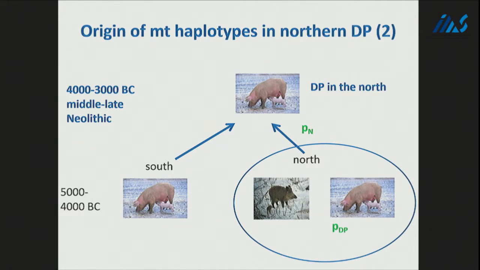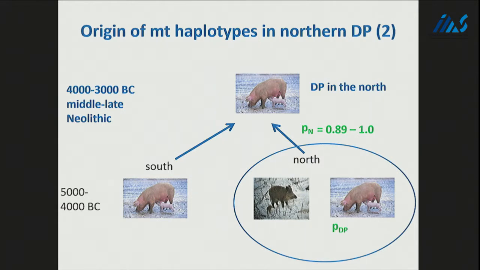So first we asked again, well, what is the probability that the haplotypes derived from the north? And here it was something between 90 and 100%, which means that the majority of the animals came from the north, so the transport or the spread from the south had decreased.